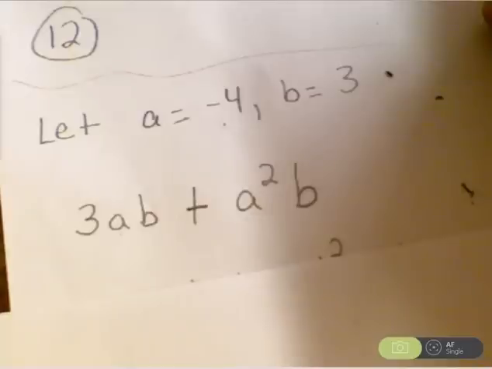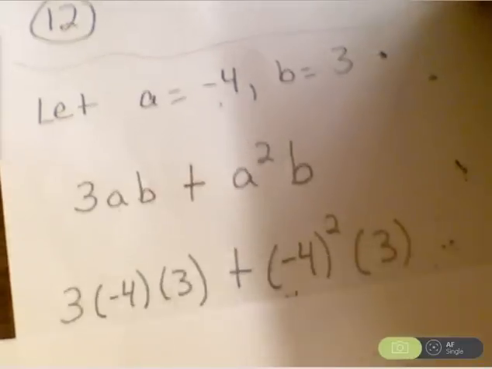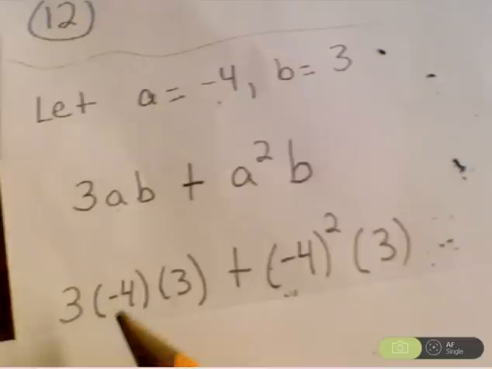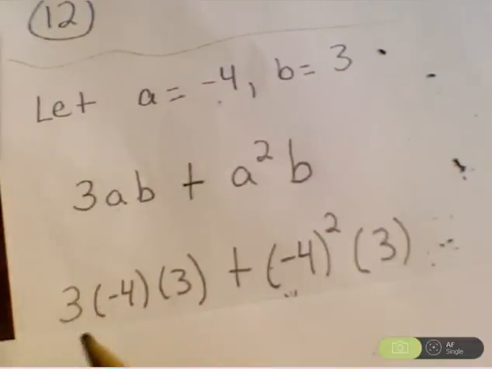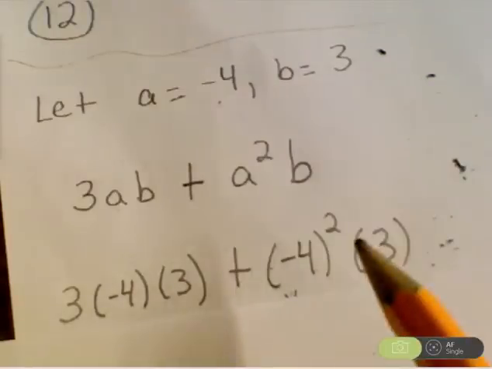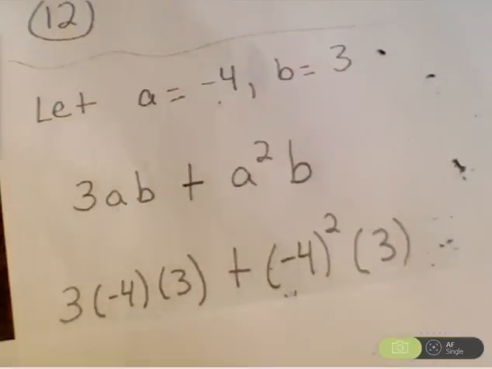Remember, do not forget to put parentheses around the numbers that you're replacing the letters with. Now I have 3 times negative 4 times 3 plus negative 4 squared times 3. Notice how I have parentheses around all the numbers there.